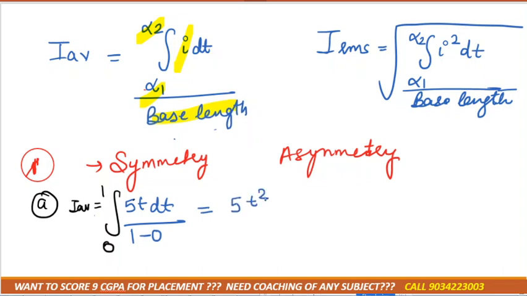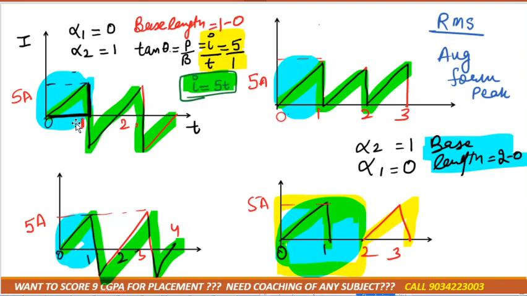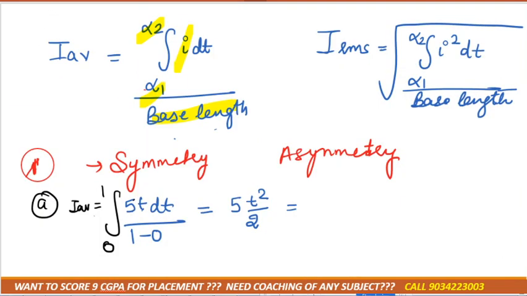Integrating t gives t square by 2, divided by 1. Substituting t equal to 1, we get 2.5 ampere.